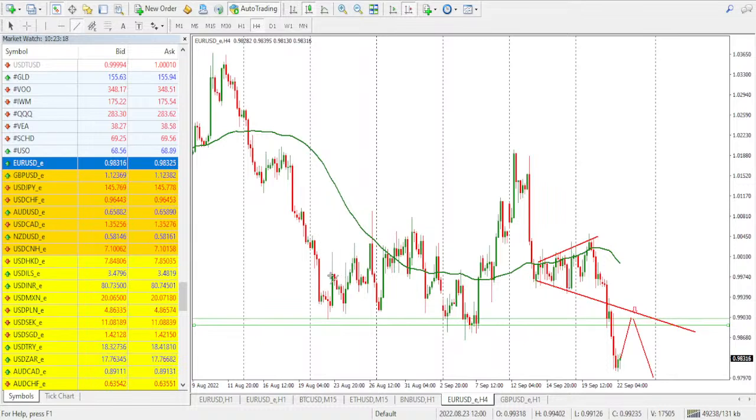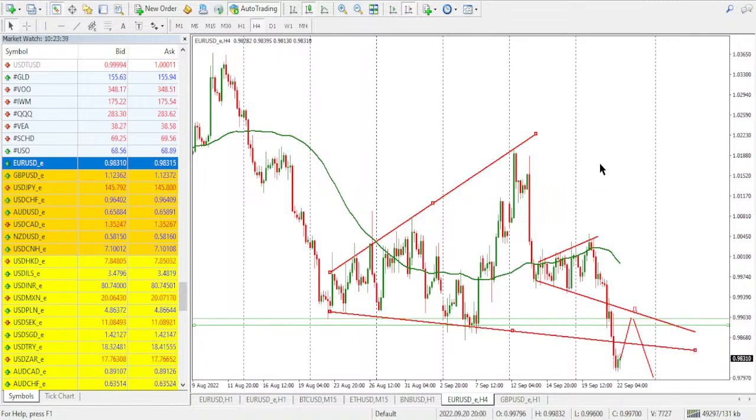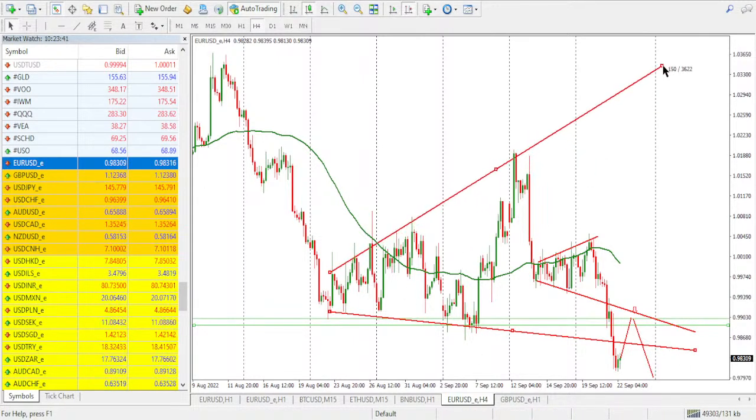We have another shape here. This is also another expanding wedge formation. So you can see what happens if you take the whole of this as a wider expanding formation.